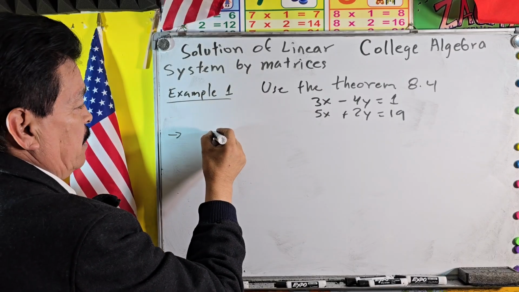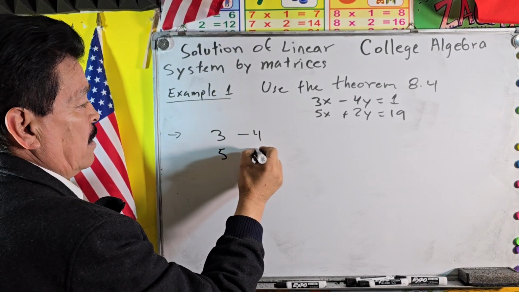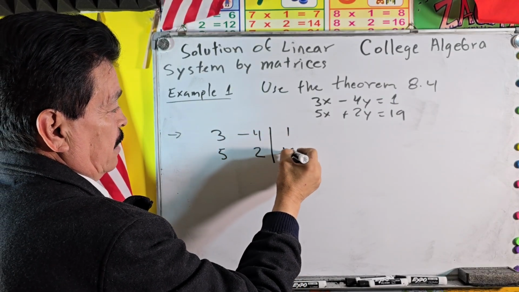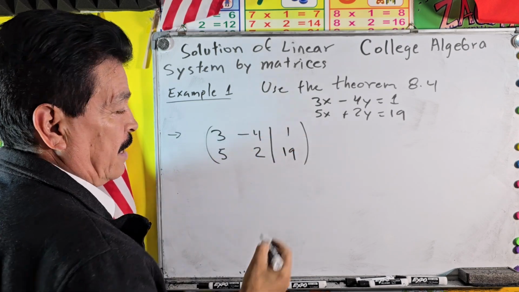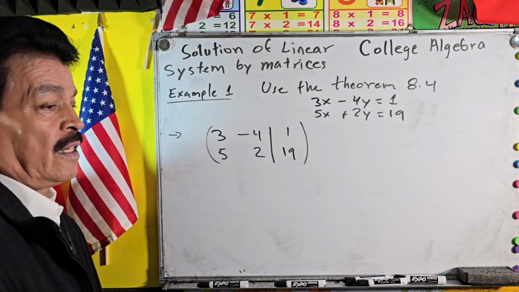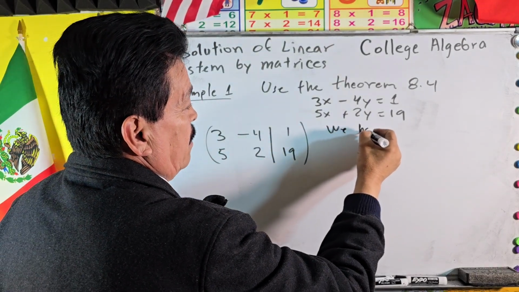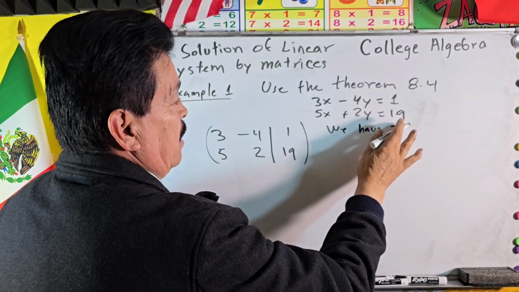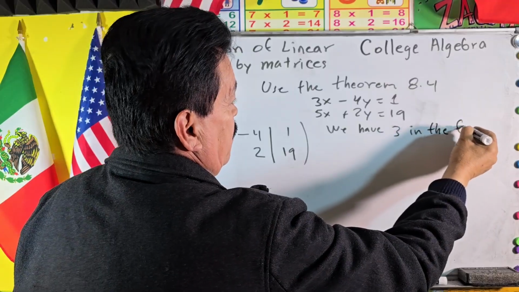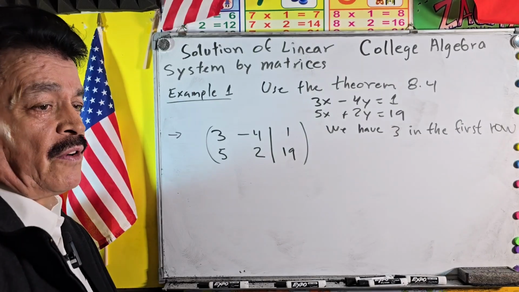Write 3, -4, and then 5, 2, and then 1 and 19. Okay, we have 3 in the first row.